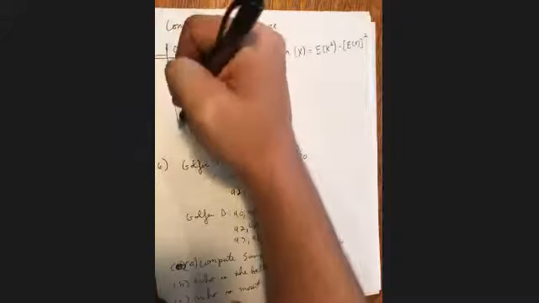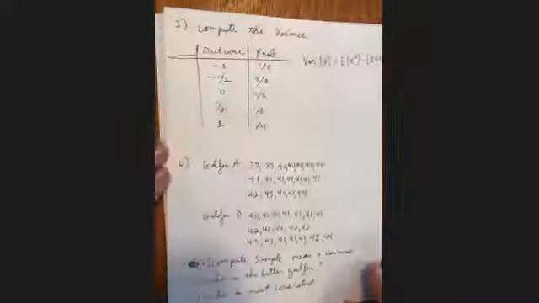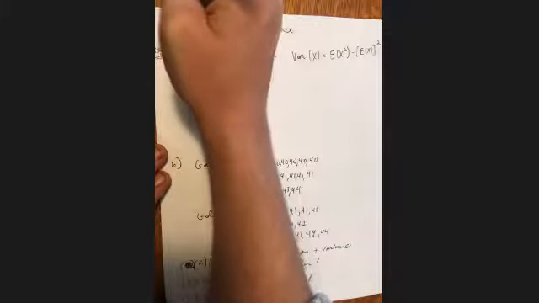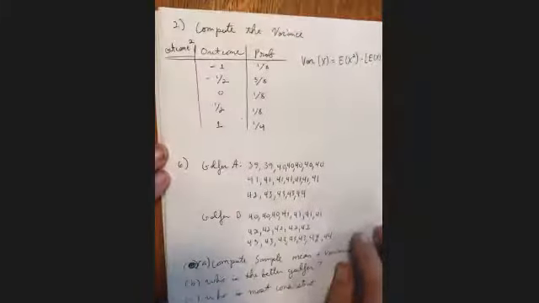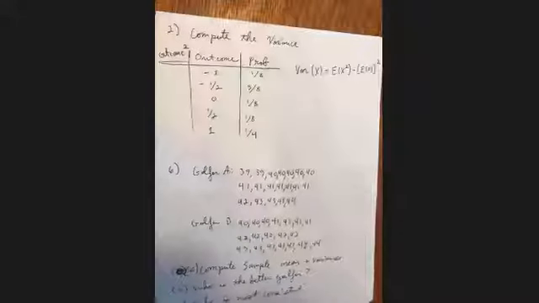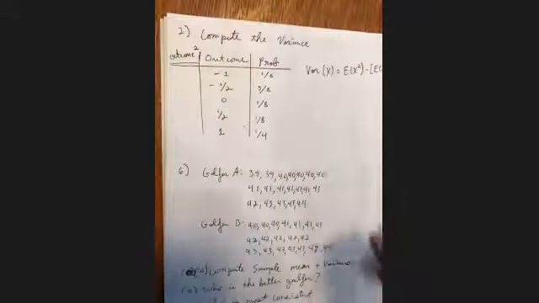In order to use this formula, we just need to add another column to the distribution, which will be the outcome squared.